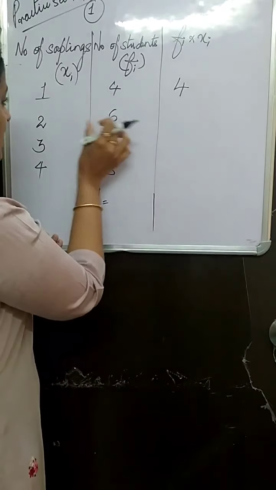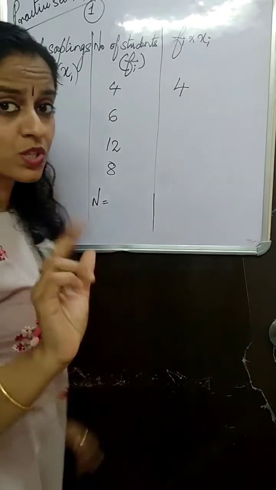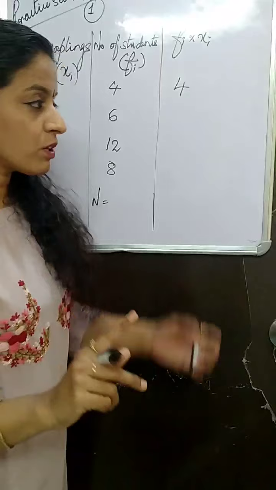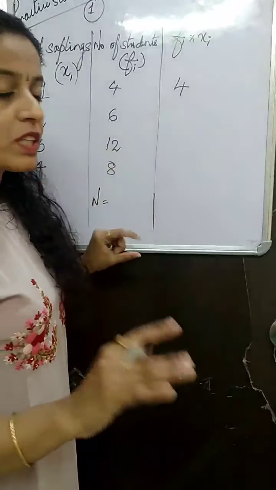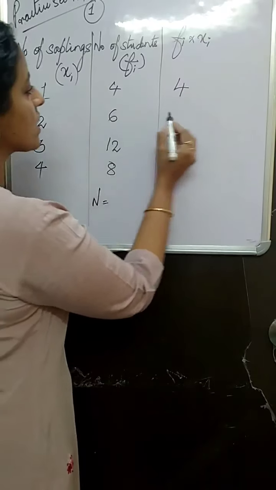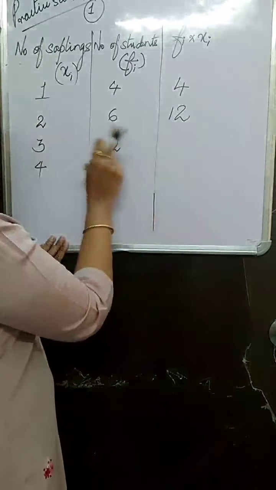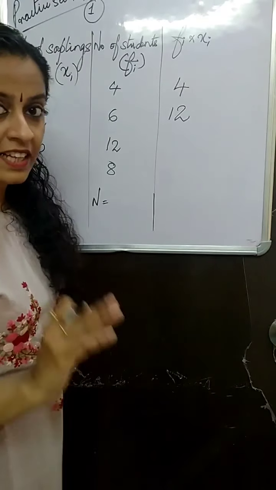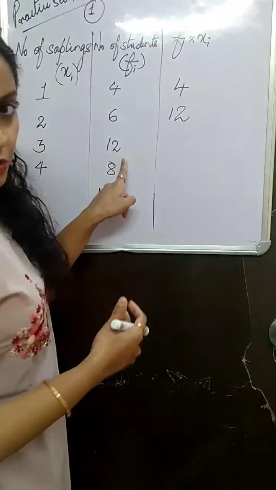Similarly, 6 students planted 2 saplings. Each student was able to plant 2 saplings, and we have 6 students. So what is the total number of saplings? 2 6s are 12. So total 12 saplings here. 3 saplings: how many students were able to plant 3 saplings? 12.